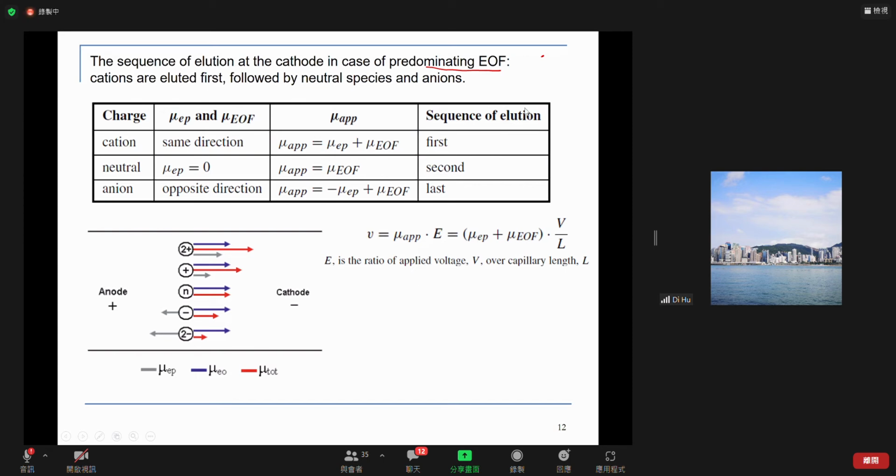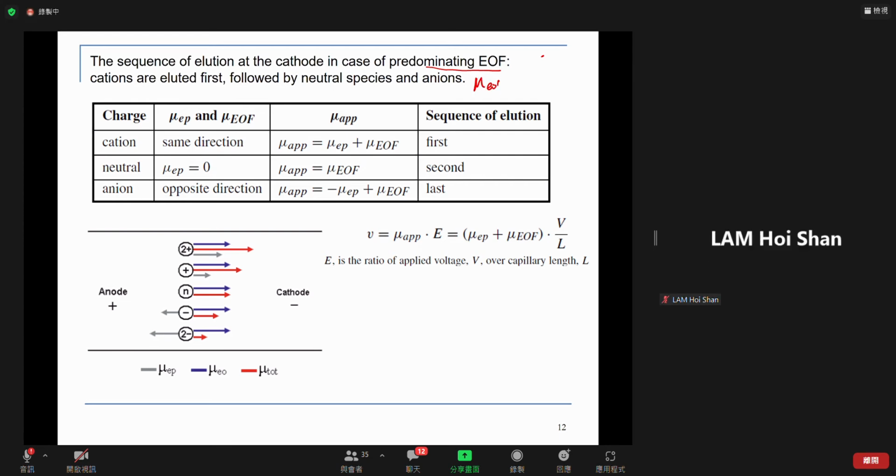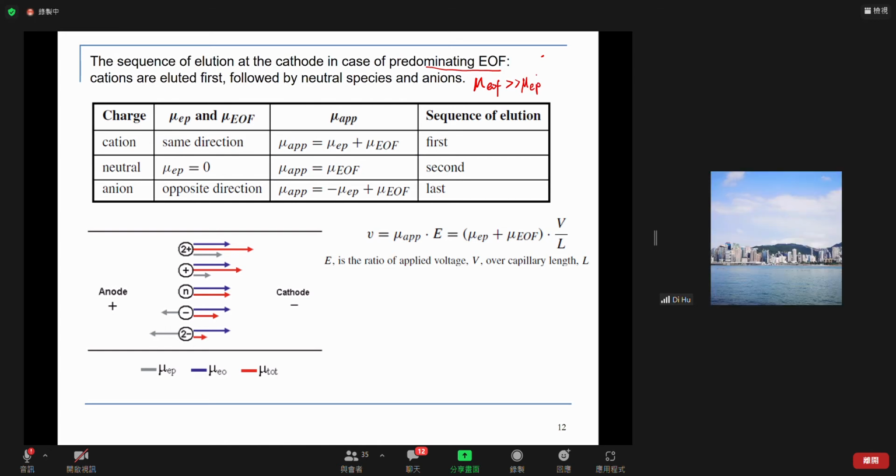You can, right? Okay. I accidentally got out. So under the condition mu EOF greater than mu EP, cations come first, followed by neutral species and anions.